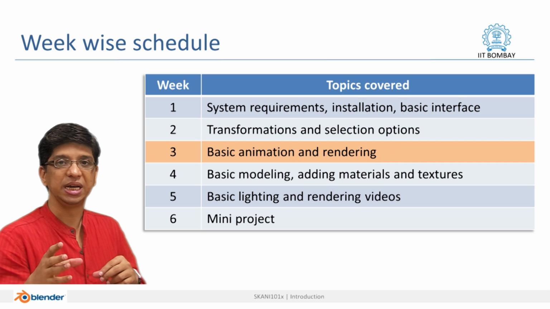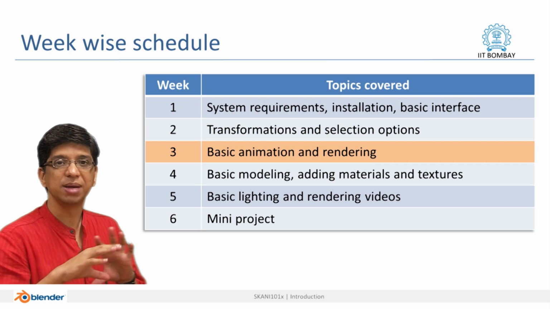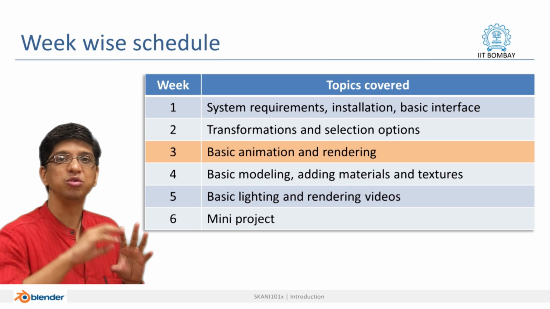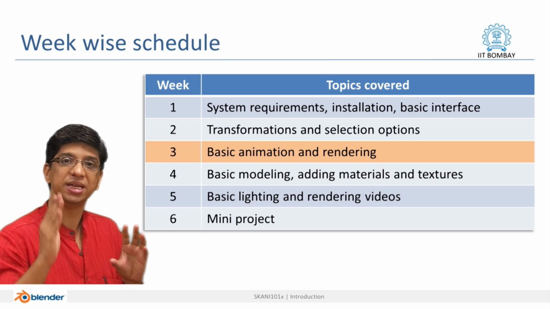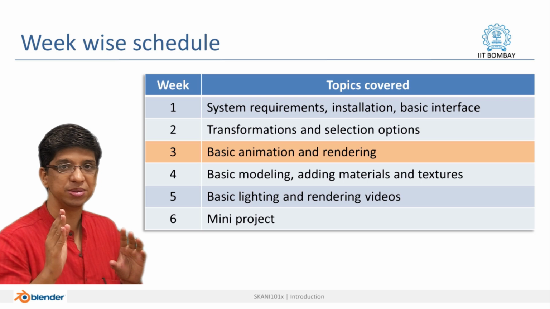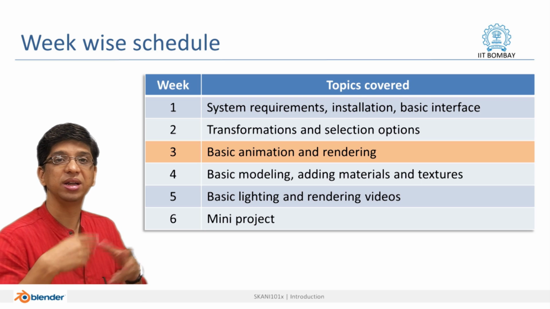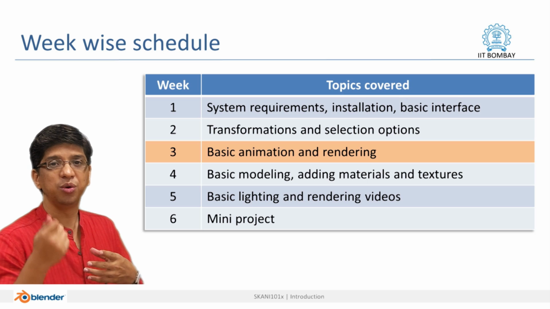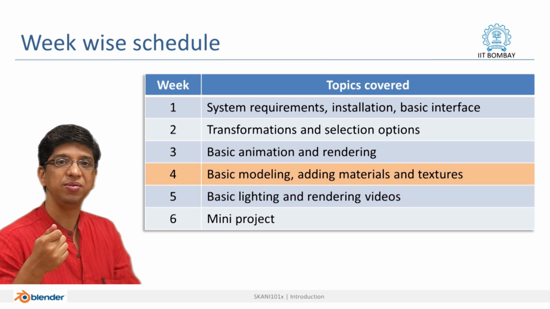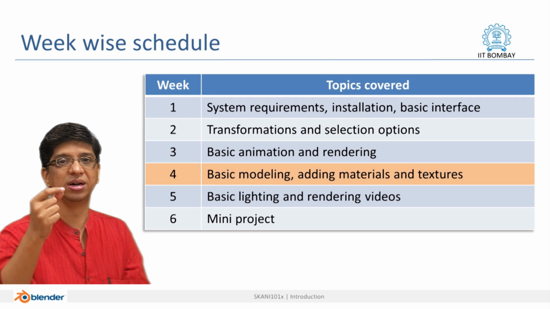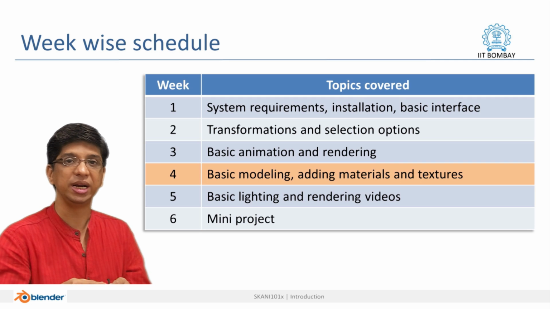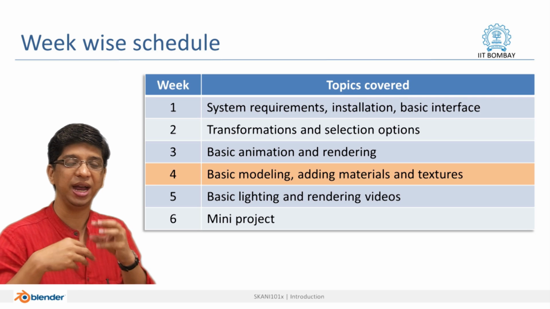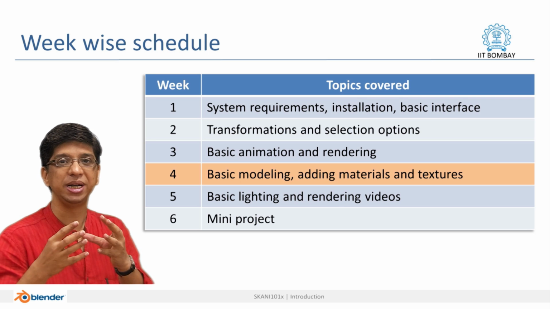In the 3rd week, we would be talking about some basic animations, where we can show you how to move objects, how to place some important keyframes, and then how to render that in order to get a small little video clip. The 4th week is the point where we start a slight upgrade of what you have done already. We will show you how you can change the models by adding a couple of additional geometry to it.